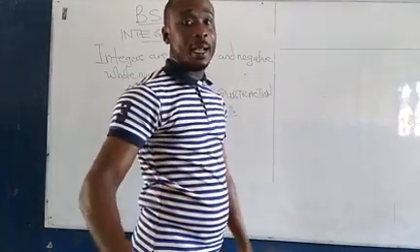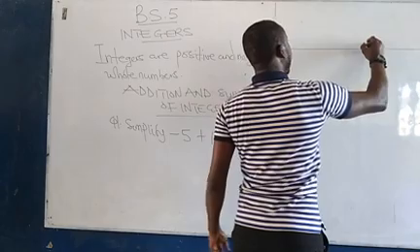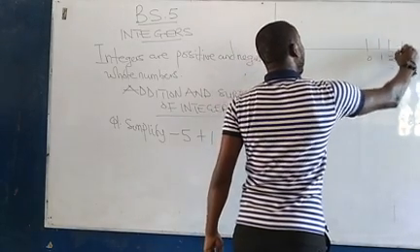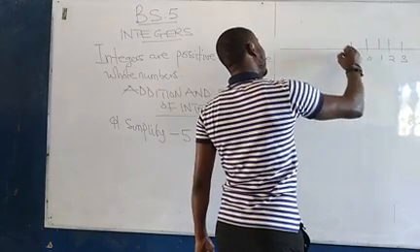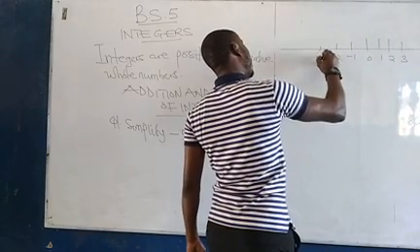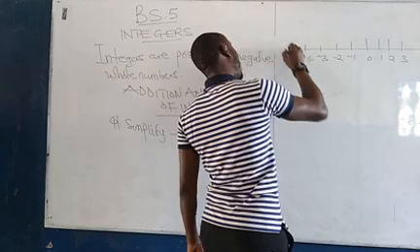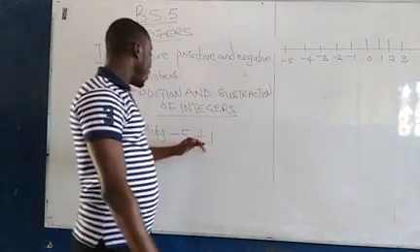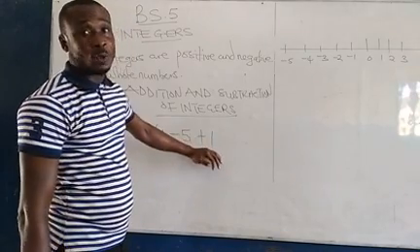If this is my number line, I can put 0 here, 1, 2, possibly 3, negative 1, negative 2, negative 3, 4, 5. Good. And the question is, I should simplify negative 5 plus 1.